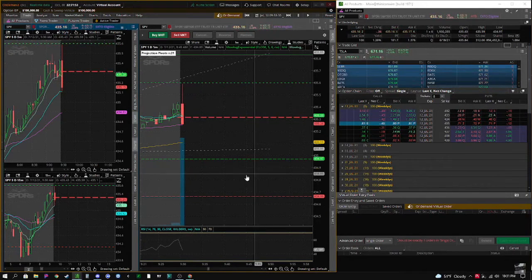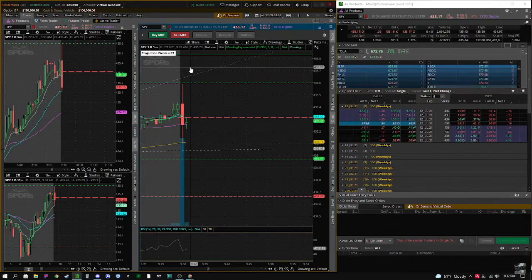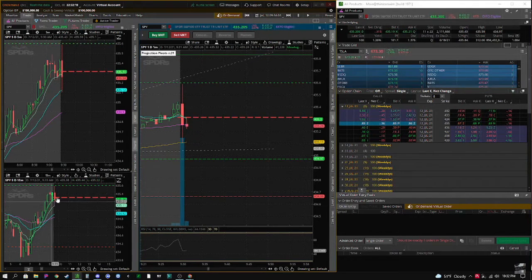So where are we at now? 9:33. We should have more candles than this on a 1-minute chart. I'm a little confused about that. Let's let it catch up for a minute.